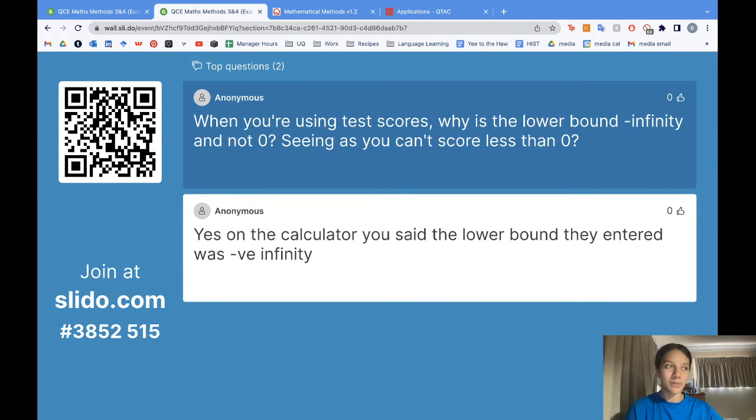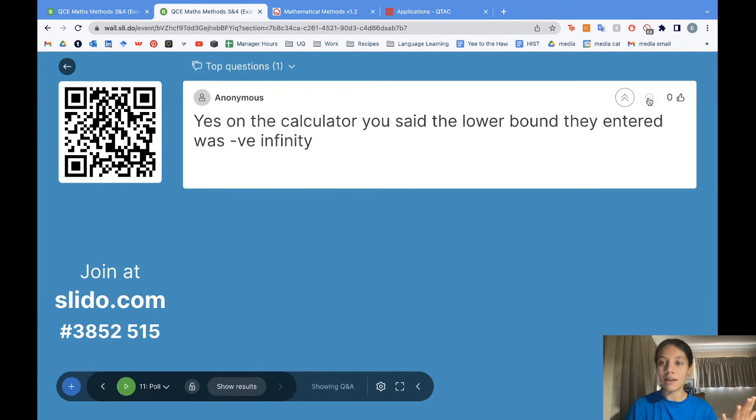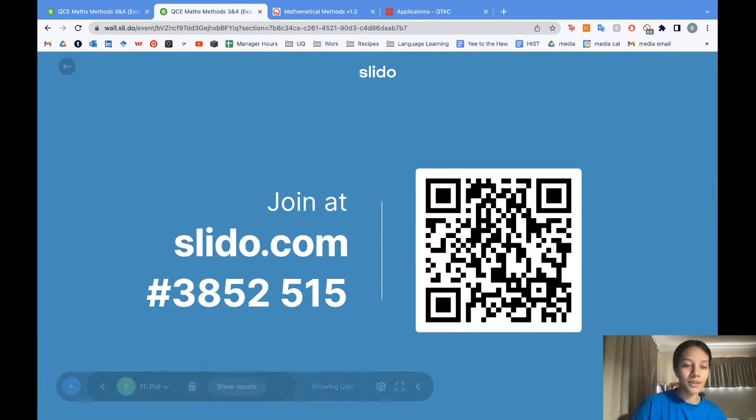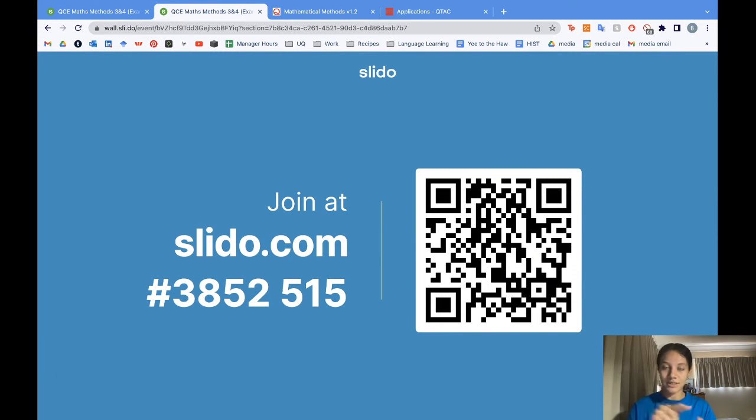So it depends on what the graph is, but for simplicity's sake, I'm going to say the lower bound can be 0 as well as negative infinity, and it wouldn't change the answer to that question. Realistically, that graph would end at 0 directly. There wouldn't be anything lower than that, but there might be some scenarios where the graph will curve beyond into negative values depending on the scenario of the question.